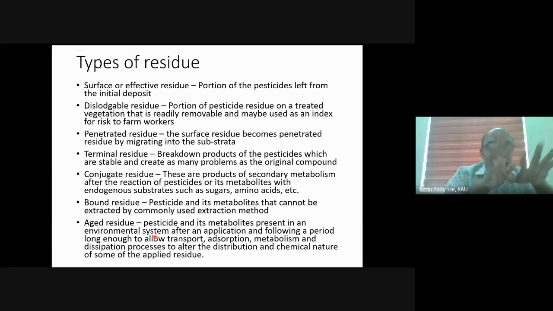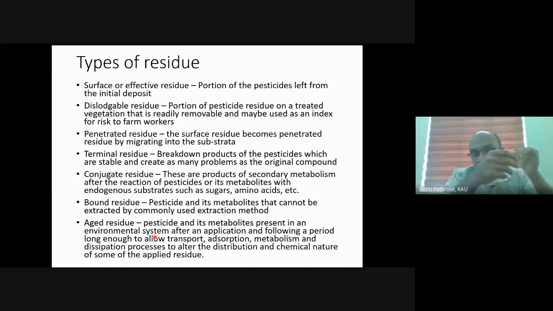If you are using a pesticide in a particular crop, say rice, and after the spray you enter the field again, some part of the sprayed pesticide might get dislodged from the crop surface and may cause harm to the person entering the field.